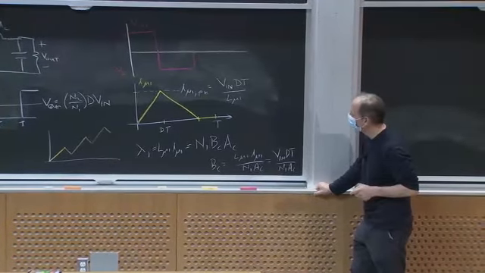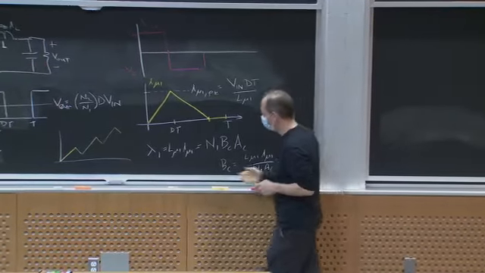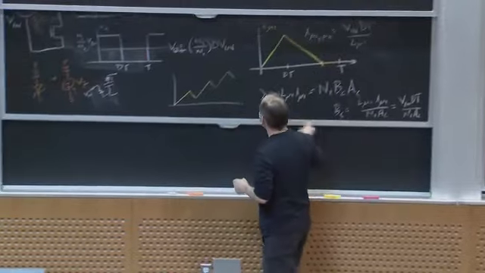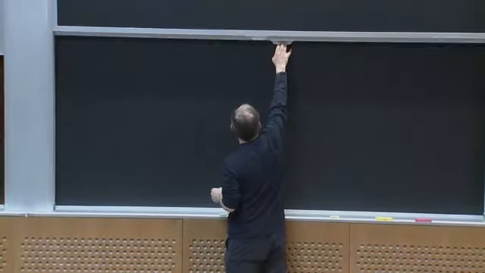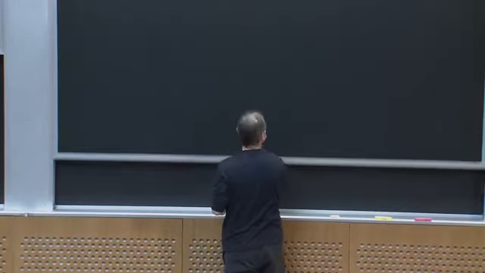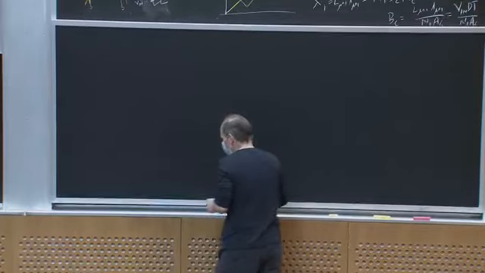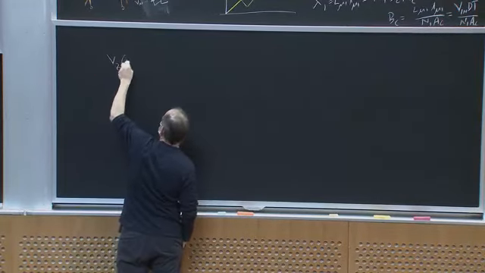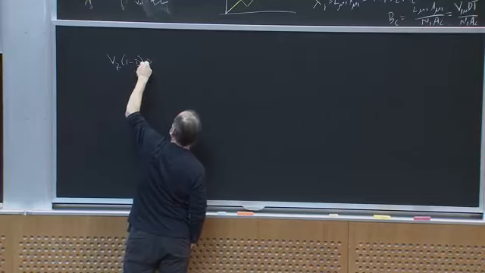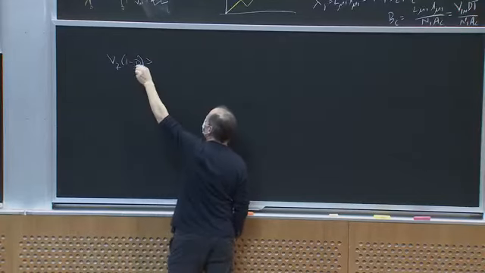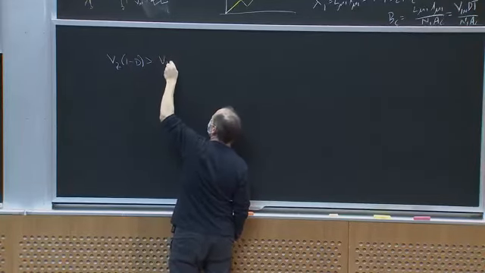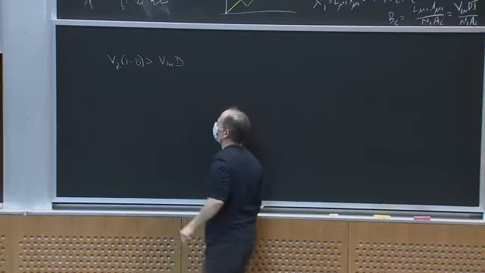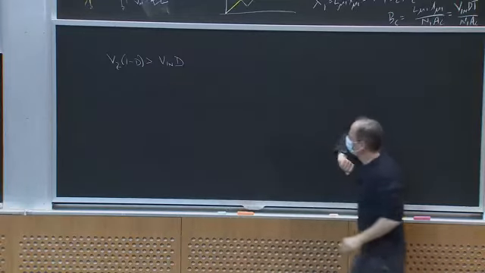So what do I need? What's the minimum Zener voltage I need to do this? What I need is Vz times 1 minus D has to be greater than Vn times D, in order for the volt seconds to go to 0.